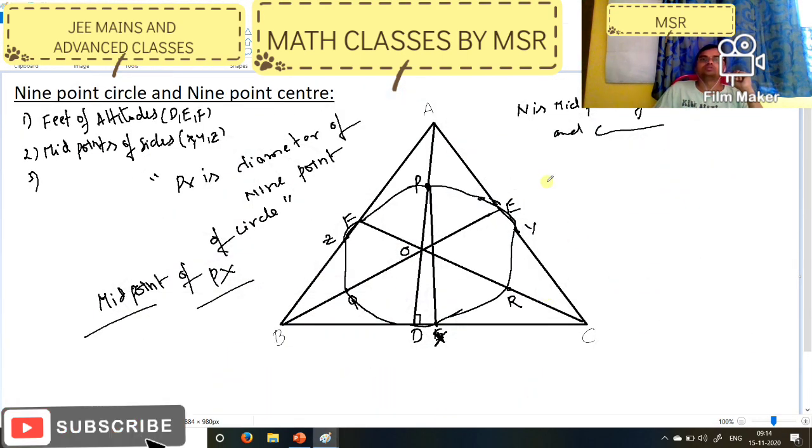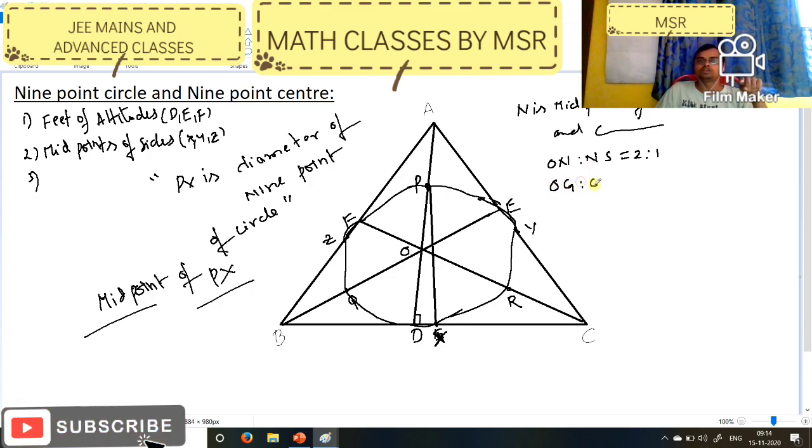Now just now we proved that the 9-point center is the midpoint of the orthocenter and circumcenter. So ON is to NS is 1:1. Moreover, the centroid divides the orthocenter and circumcenter in the ratio 2:1. That is the starting proof we did.